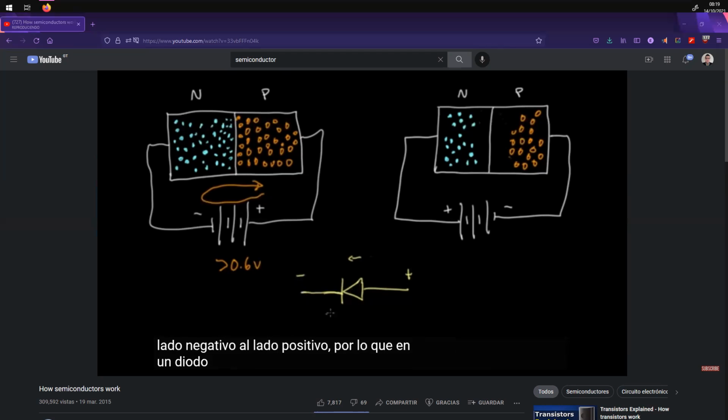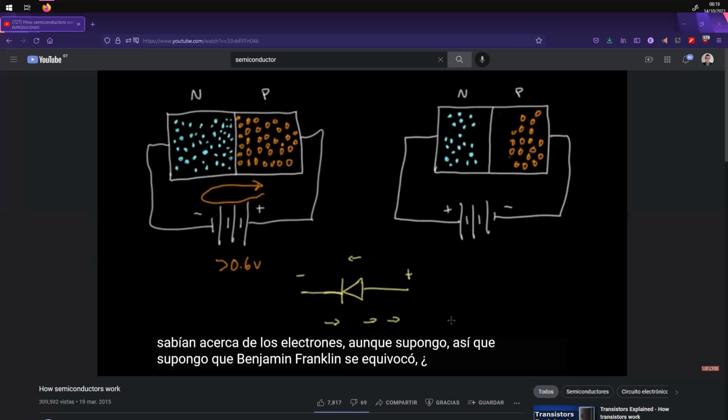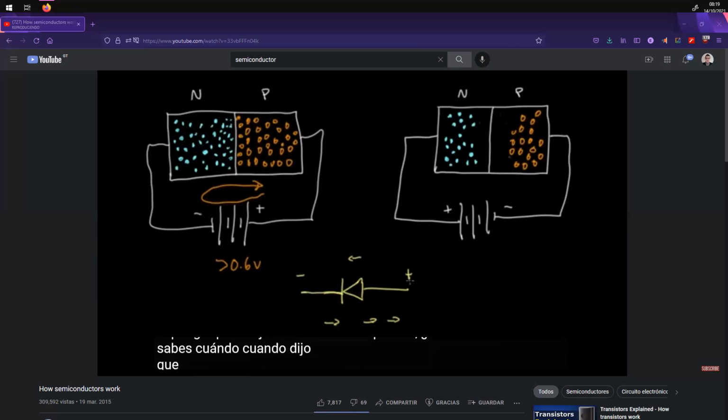So in a diode like this, even though the arrow is pointing in this direction, the electrons are flowing in this direction. I guess the discoverers of electricity didn't know about electrons. I guess Benjamin Franklin got it wrong when he was saying that charges flow from positive to negative.